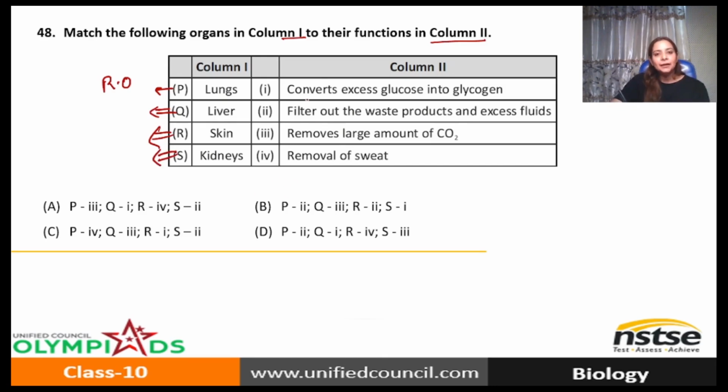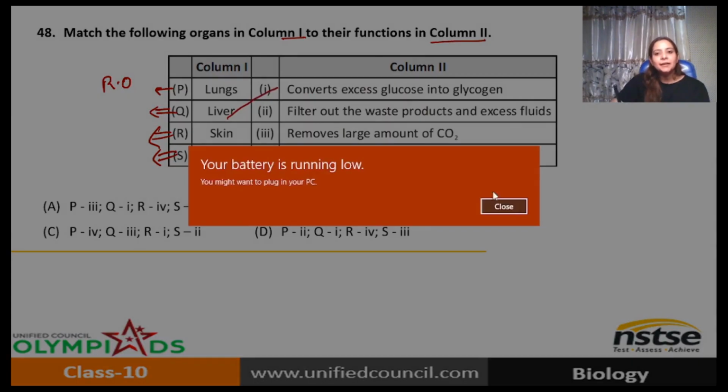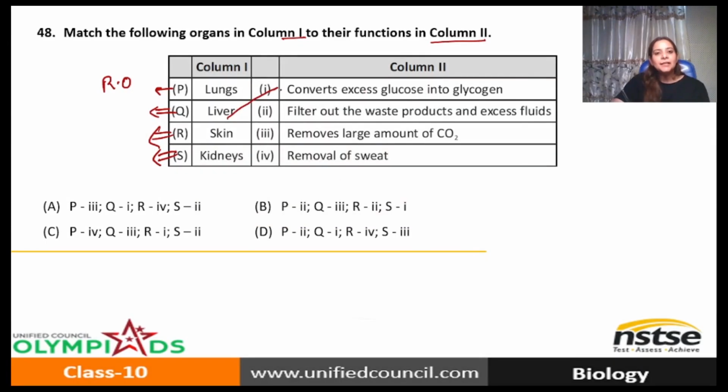Now the first option says converts excess glucose to glycogen. Now this happens in the liver. And skin helps in the removal of sweat. Kidneys help in filtering out the waste products, that is nitrogenous waste, and lungs remove a large amount of carbon dioxide.